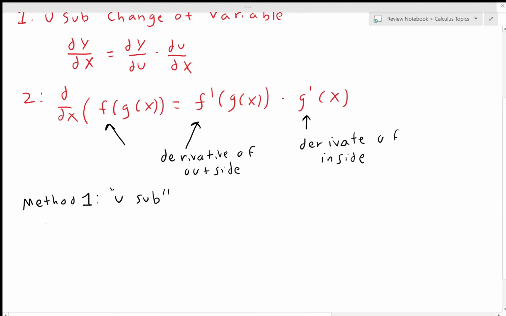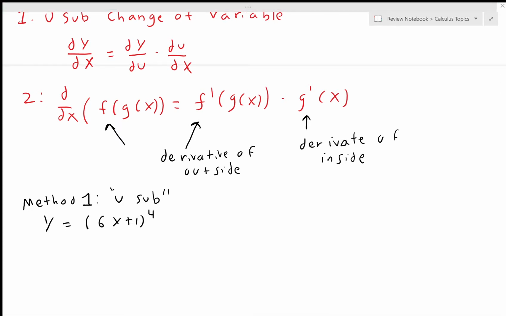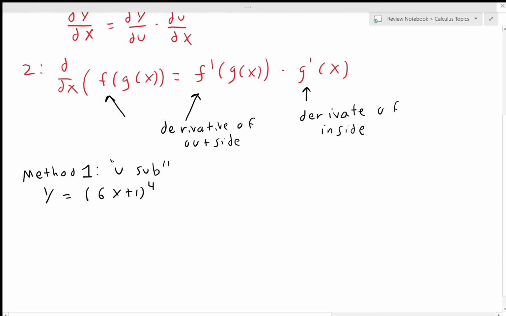So we have y equals the quantity of 6x plus 1 to the 4th. So we want to switch it from x's to u's. So we're going to call this the u part. So u is 6x plus 1. Derivative of that, it's easy now, we know that would be 6.